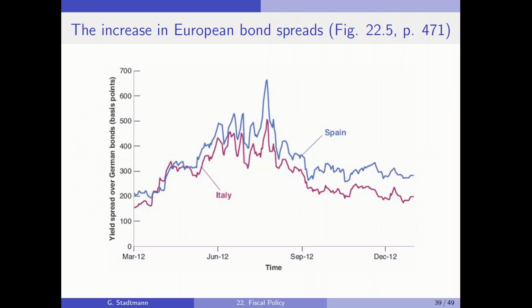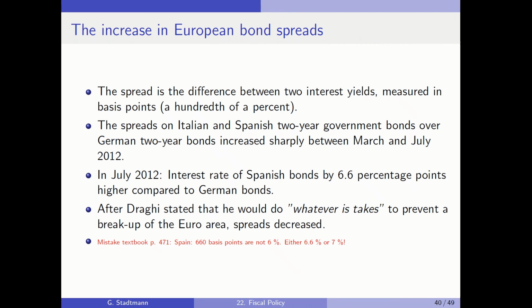This is motivated by looking at the increase in European bond spreads for two countries, Italy and Spain, in the year 2012. In order to interpret these kind of lines, it is important to know what a spread is, and this is defined on the next slide.